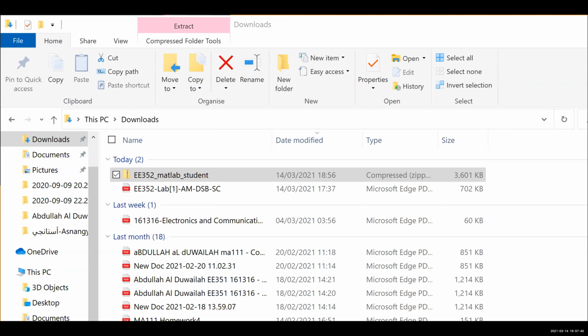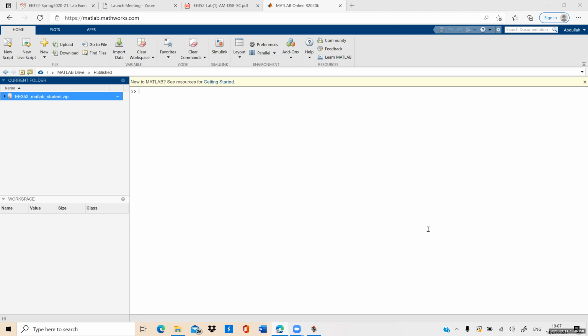Can you share your screen? Yes, sure. Did you receive it? Not yet. Yeah, now I can see it. Okay, you have this folder now uploaded. Right click on it.